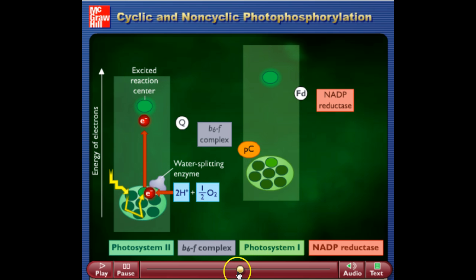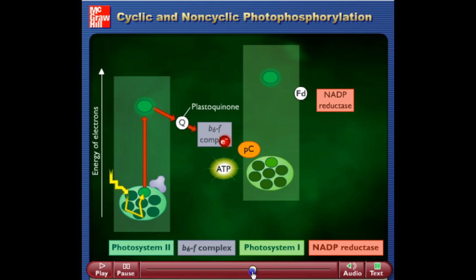Now, we're going to call the electron now. You see this electron passing down this thing? This is called an electron transport chain. So we're going to call it an electron transport chain, and then we're going to watch this electron move down it very quickly. So in your notes, write the words electron transport chain.